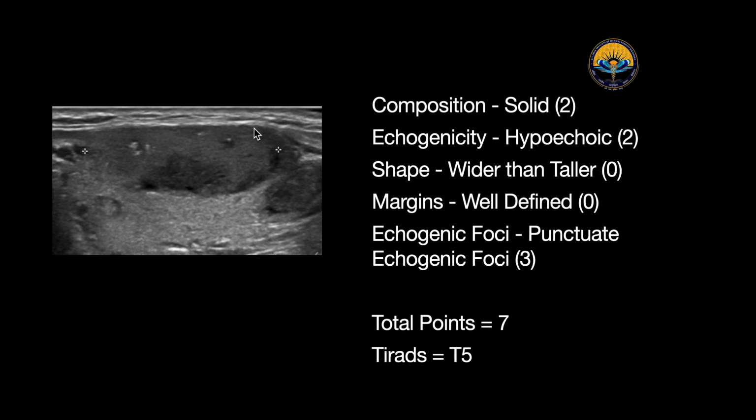Margins, it's well defined here, ill defined here, so 0 points. Echogenic foci, yes, we can see some echogenic foci within, which are microcalcifications. So we will give 3 points. So the total was 2 for solid, 2 for hypoechoic, and 3 for microcalcification or punctate echogenic foci. The total comes to 7, so it's a TI-RADS 5 lesion.